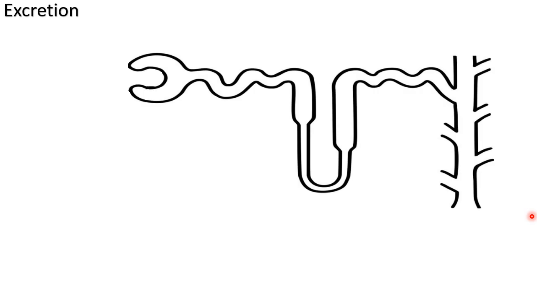Here is our nephron. Let's have a look at its parts, its structure. First, here we have the Bowman's capsule. Then we have here the proximal convoluted tubule. Then this U-shaped loop is called the loop of Henle.